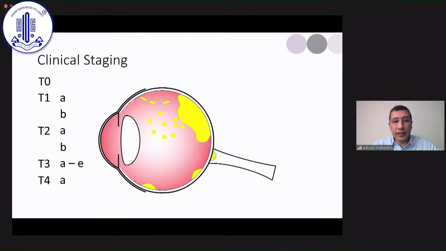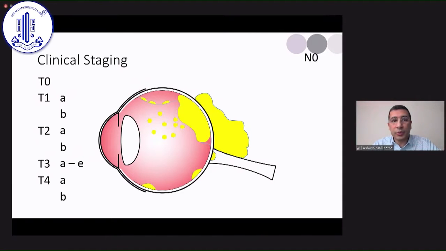There is T4A, where you have radiological evidence that the tumor might have left the eyeball, and T4B, where you have overt extraocular involvement, where the tumor maybe even clinically has evidence of having left the eyeball.